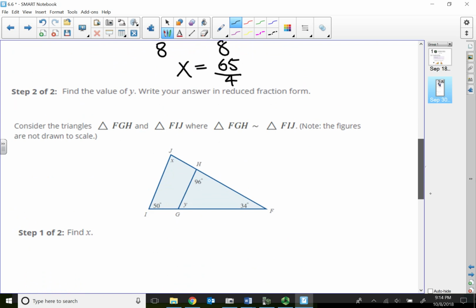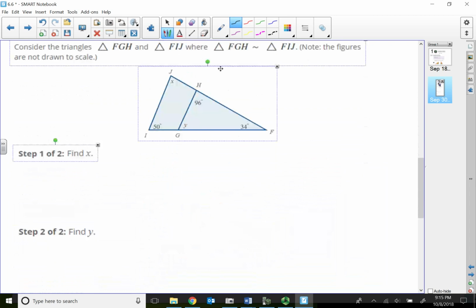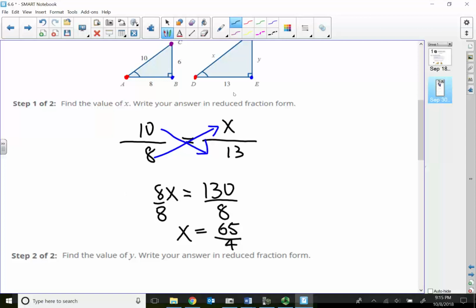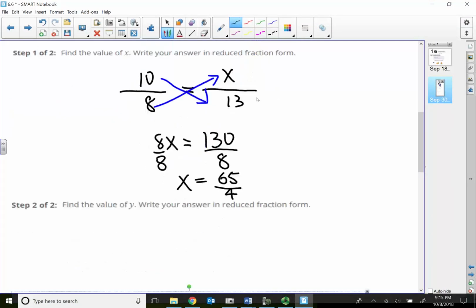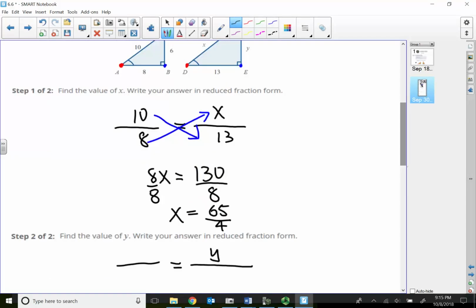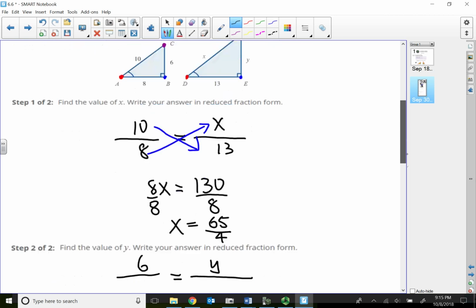Now let's find side y. This is another problem. Let me move it down a little bit. Side y is purple to blue on the right side. I'm going to do everything the same. Side y corresponds to 6 in the other triangle. Since I just found x, I can use 65 over 4 against 10, or I can use the same numbers the problem gave me, 8 and 13.